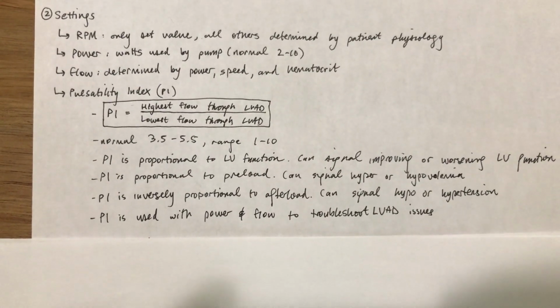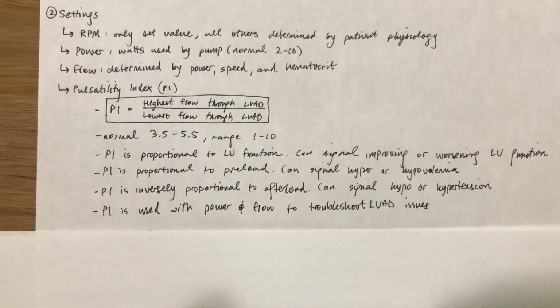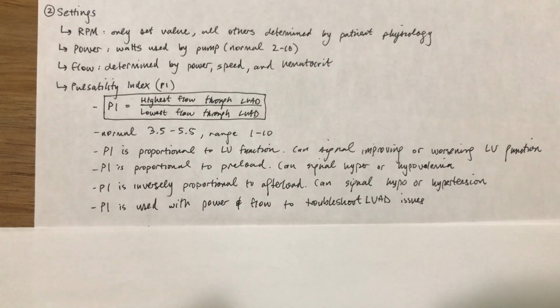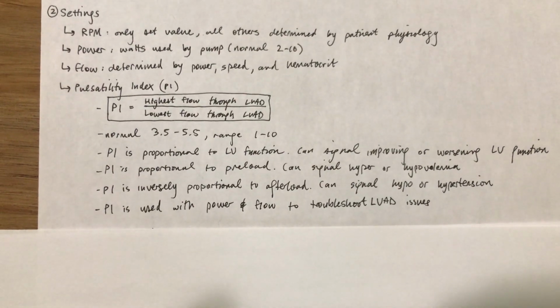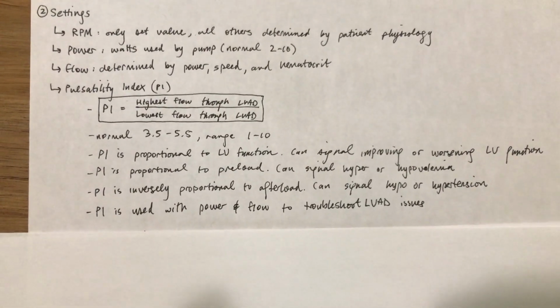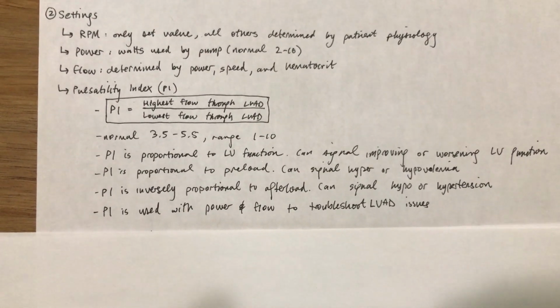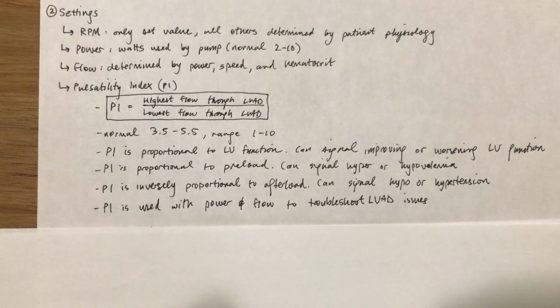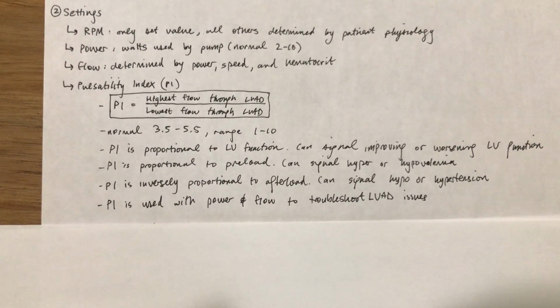Flow is a calculated value from power, speed, and hematocrit. And the pulsatility index is a dimensionless ratio of the highest flow through the VAD during systole divided by the lowest flow through the VAD during diastole. Normal PI is between 3.5 and 5.5, and the general range is about 1 to 10.